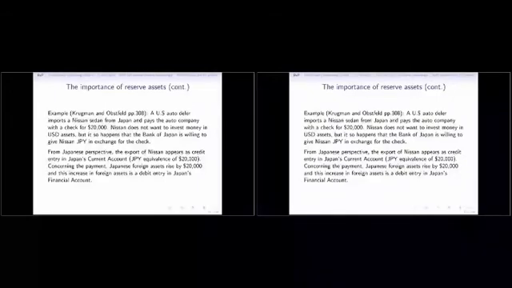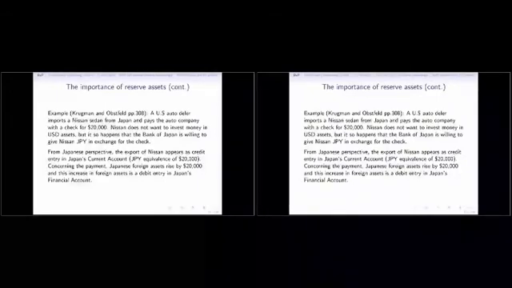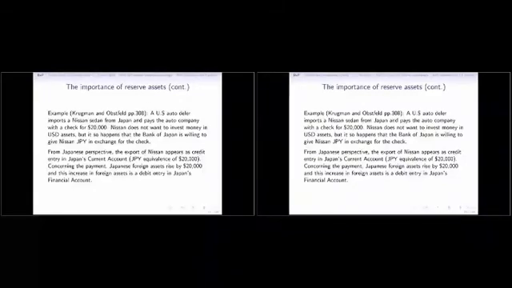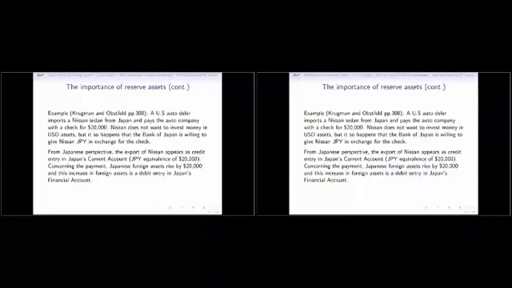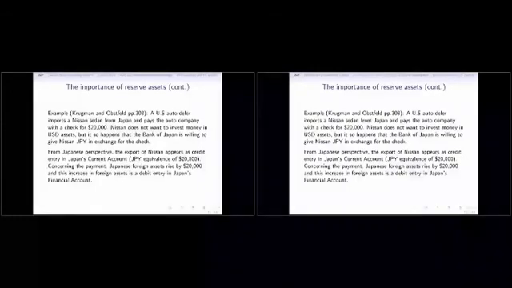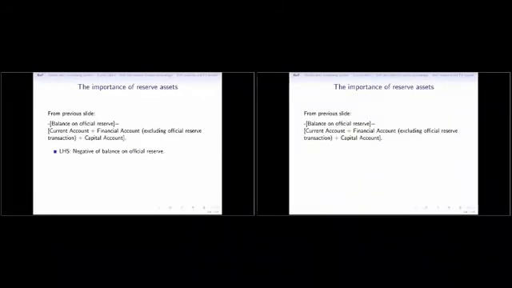So the Bank of Japan is happy to convert that amount into Japanese yen. The Bank of Japan will collect that check and increase its holding of foreign assets. At the same time, Nissan will receive the equivalent amount in Japanese yen. That is what I mentioned by this equation.